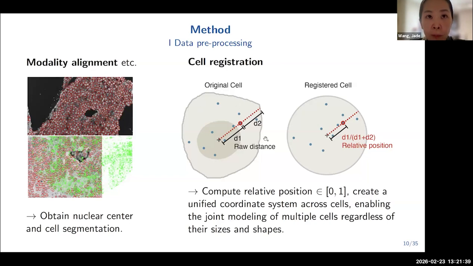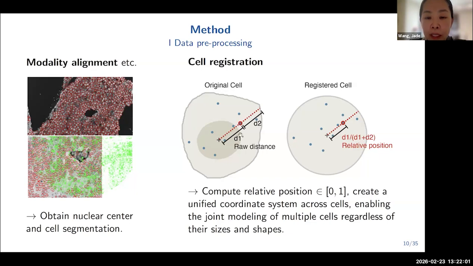It looks like this. We're focusing on one gene and we look at this particular spot or transcript. We can calculate the distance. So we draw a line between the nuclear center detected in the previous stage and this transcript, and extend it to intersect with the cell boundary.